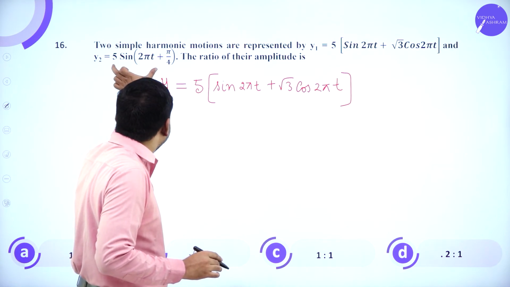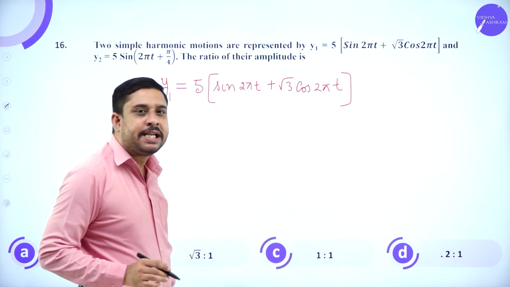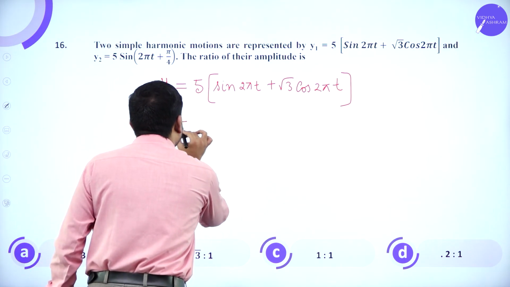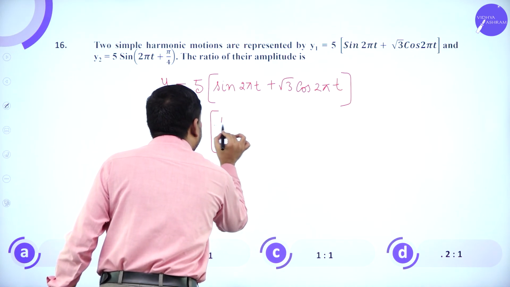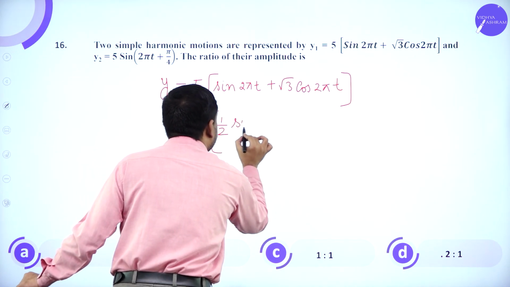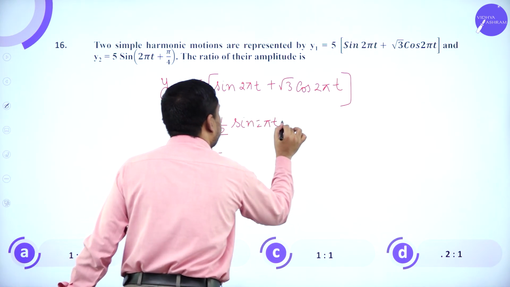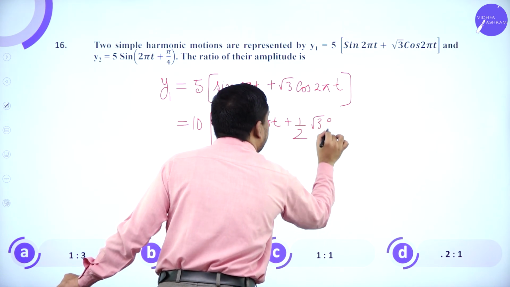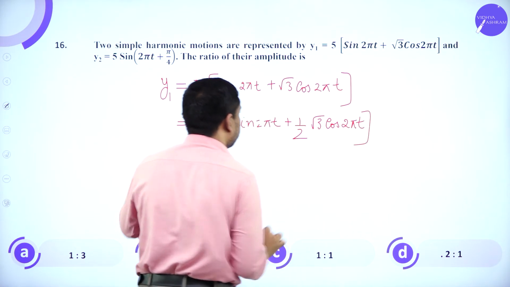I want this in the standard form, for which I multiply and divide by 2 here. So 5 into 2 is 10. Now divide by 2: sine 2 pi t plus half root 3 cos 2 pi t.